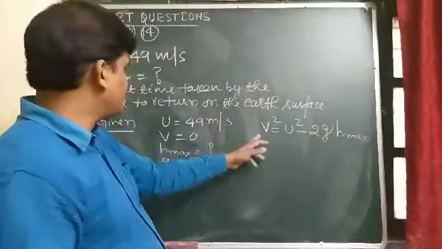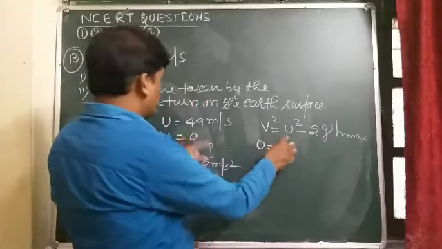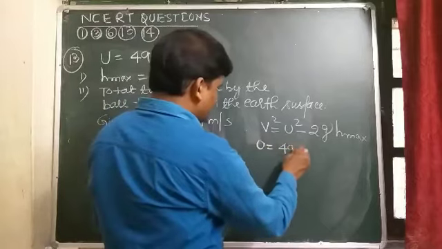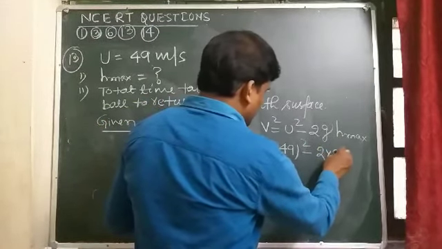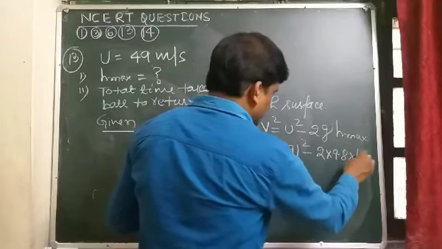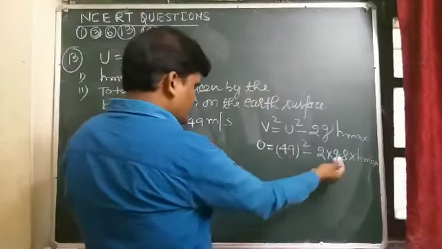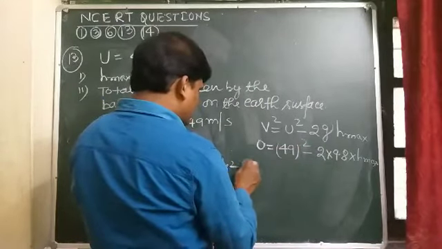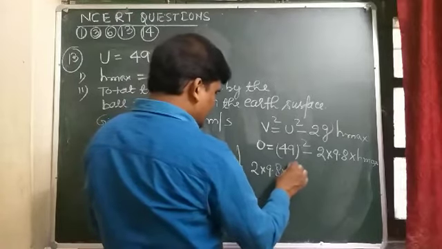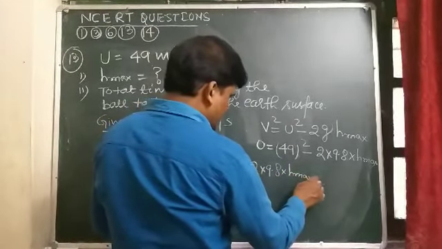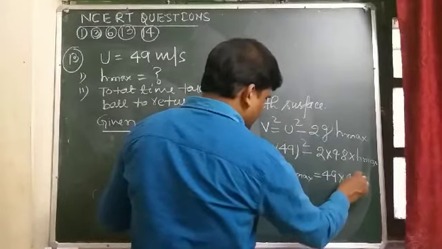And at maximum height, the final velocity of the ball is 0. Initial velocity is 49, so 49 squared minus g, whose value is 9.8, and we have to find h max. And when it comes to this side, it becomes positive: 2 into 9.8 into h max equals 49 into 49, the square of 49.